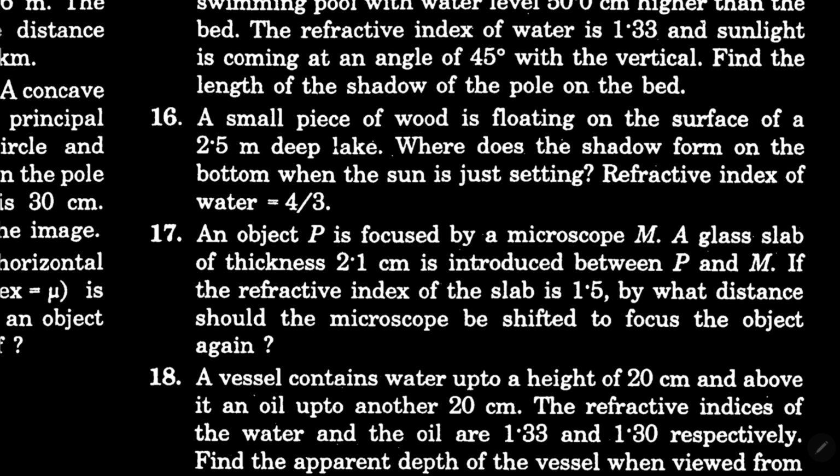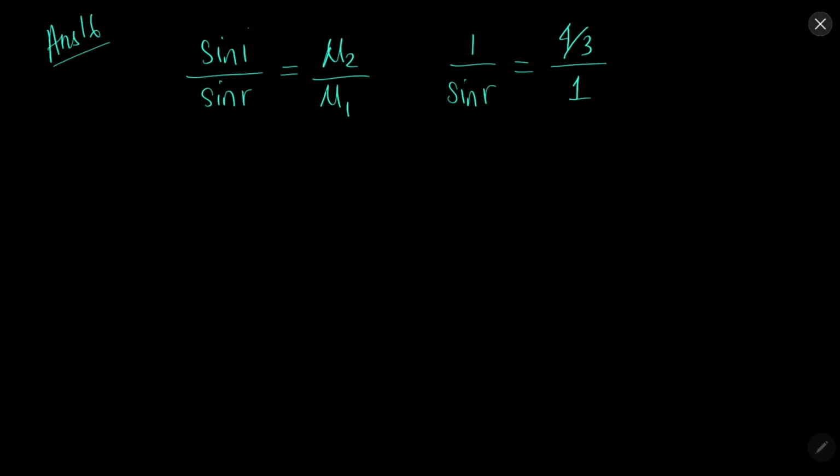In question 16, a small piece of wood is floating on the surface. Where does the shadow form on the bottom when the sun is just setting? So this is solution 16. Sin i over sin r equals mu2 over mu1. 1 over sin r equals 4 by 3 over 1.